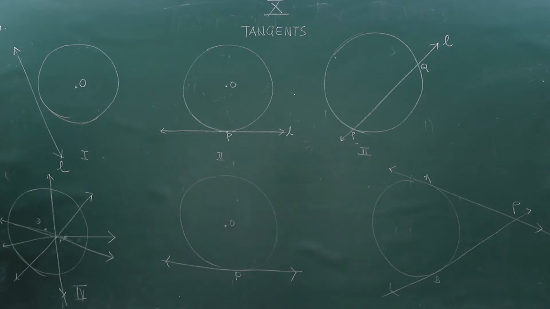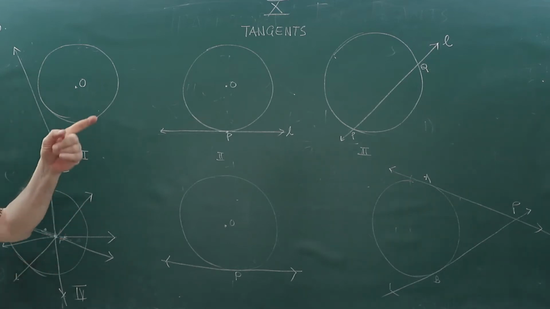In the fourth figure, I have taken a point P inside the circle, and from P I try to draw a tangent to the circle. You will realize that any line drawn through the point P inside the circle will intersect the circle at exactly 2 points.